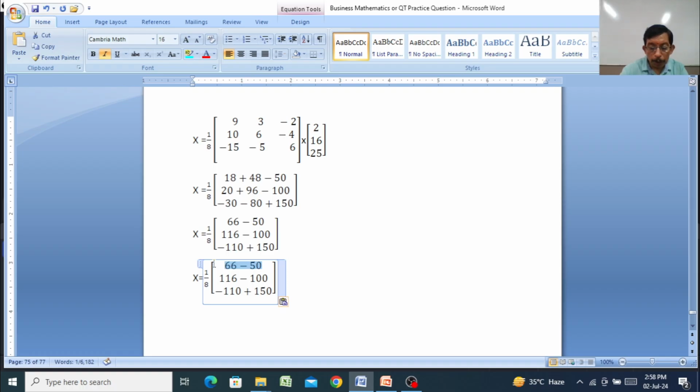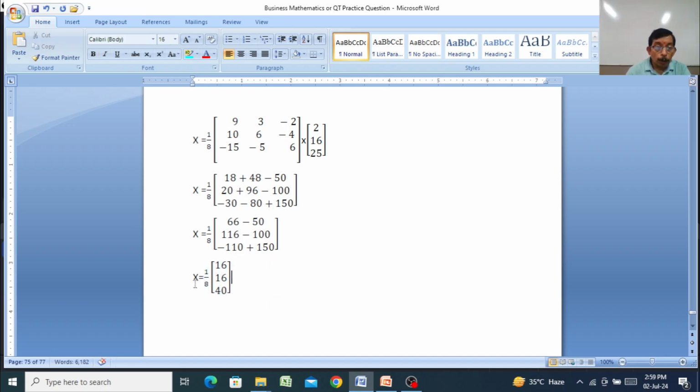Value is 16. Now the result is 110 plus 150, 40. Now simplify in the next step.